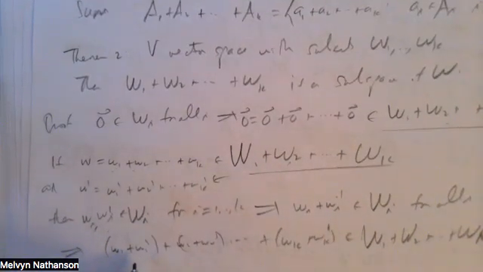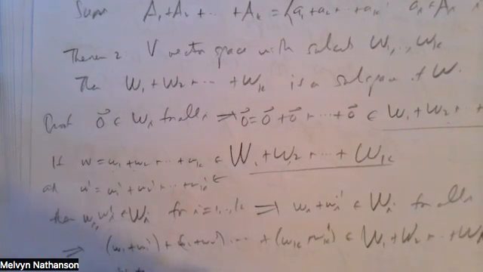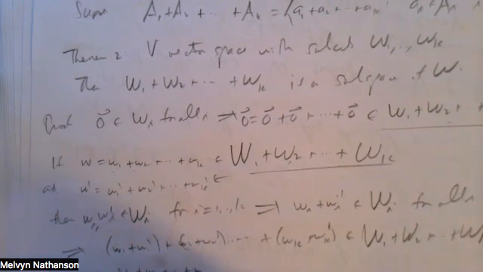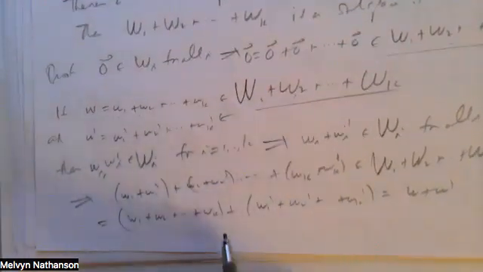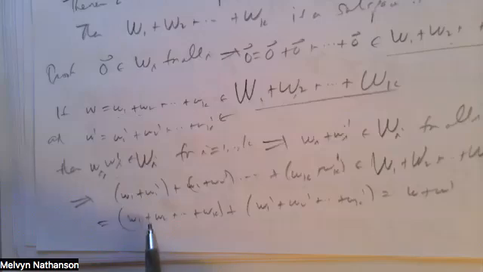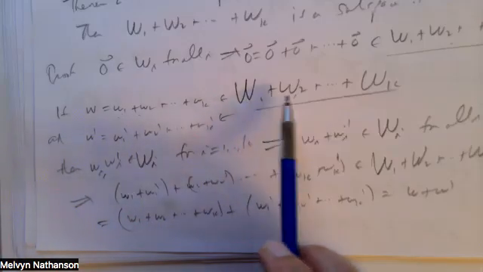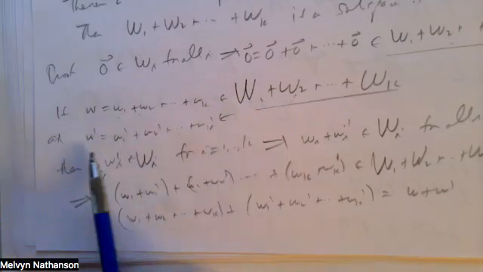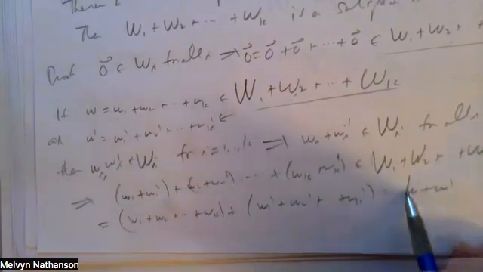But by distributivity, associativity and commutativity, this is the same as W1 plus W2 up to WK plus W1 prime plus W2 prime up to WK prime, which is W plus W prime. So if I take two vectors in the sum of these subspaces, their sum is also in the sum.